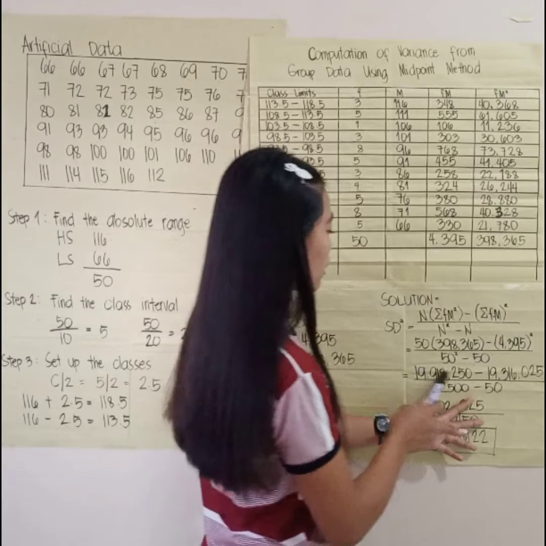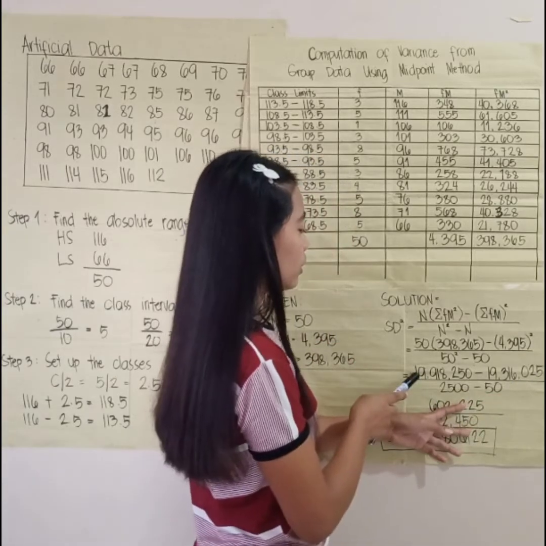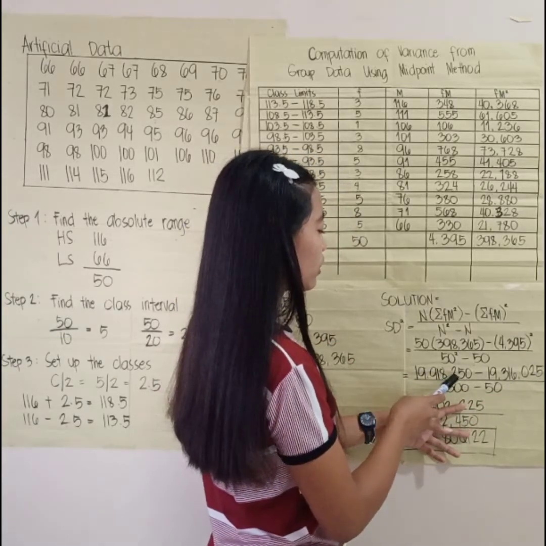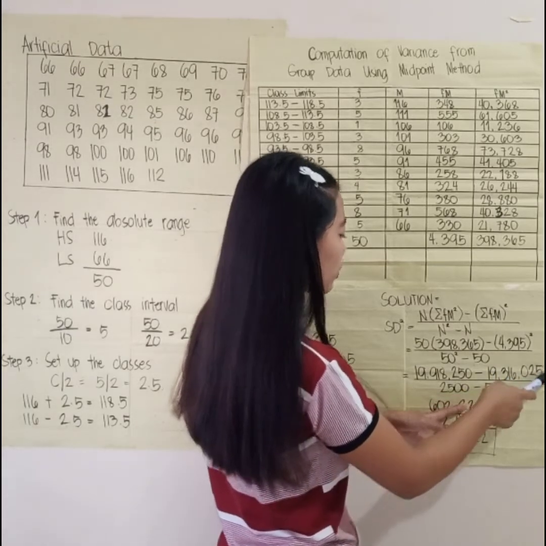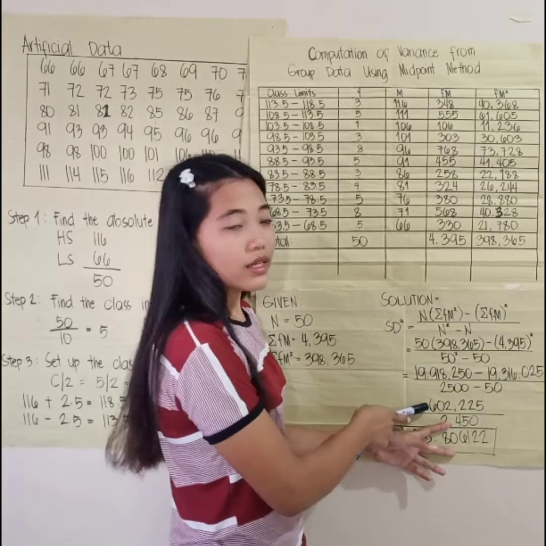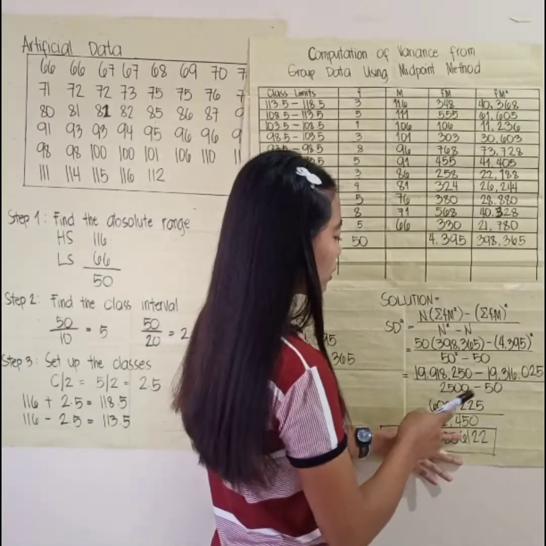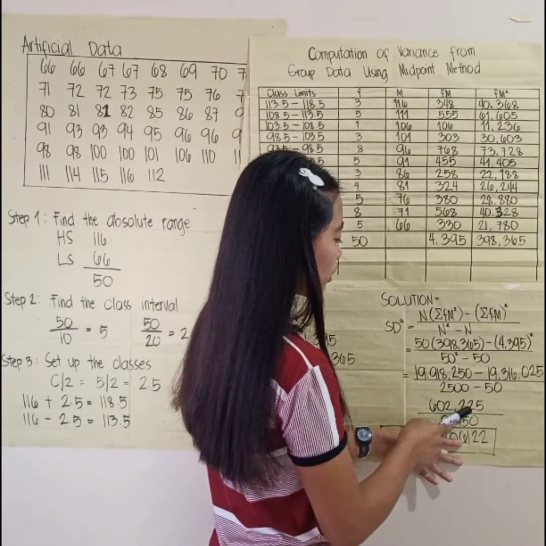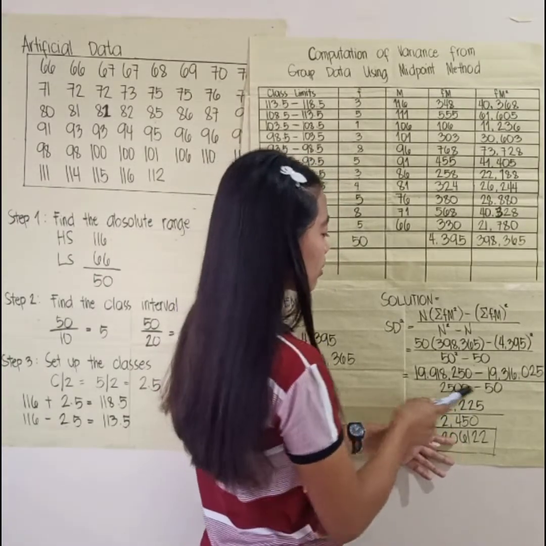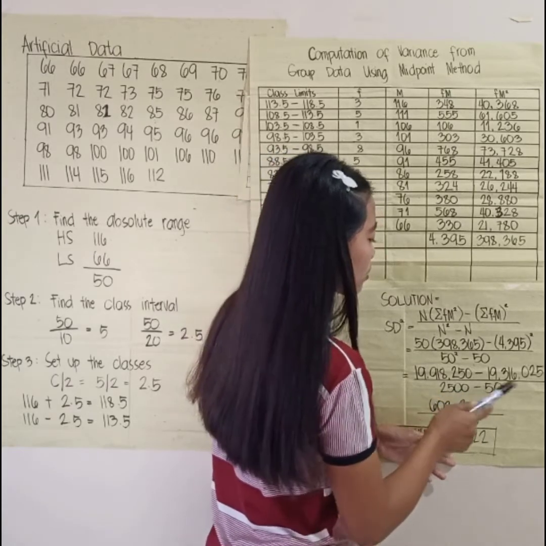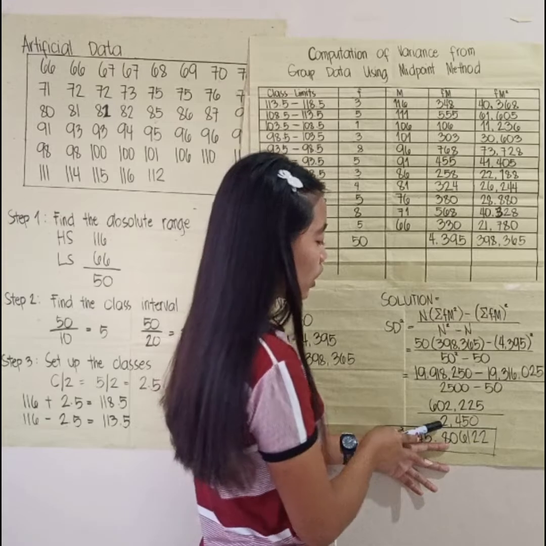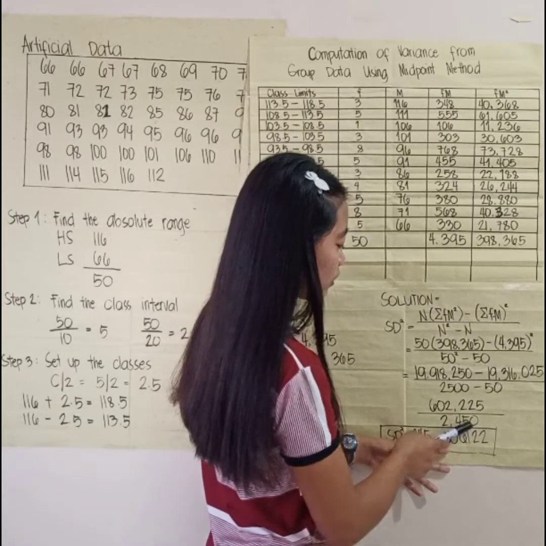So let's subtract. 19,918,250 minus 19,316,025. The result is 602,225. Next, let's subtract 2,500 minus 50. The result is 2,450.